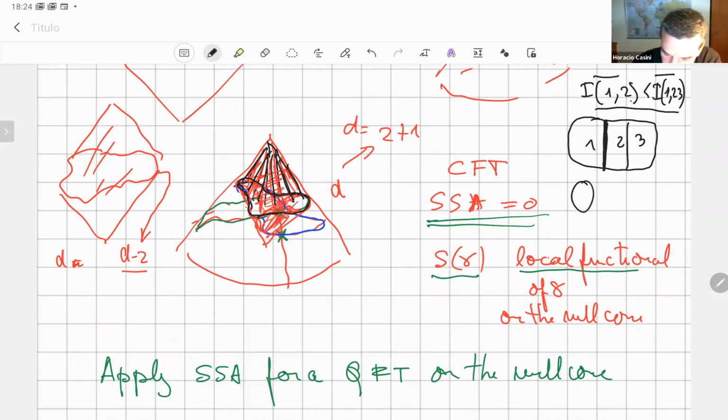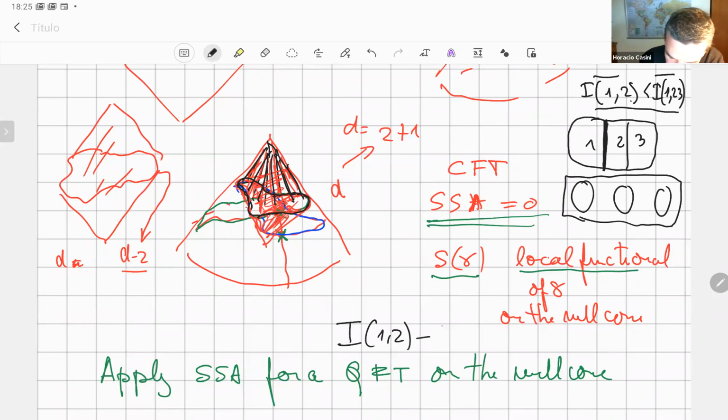If you do that for 3 balls, then monotonicity of mutual information is between finite things. But here, the mutual information of 1, 2 minus the mutual information of 1, 2, 3 can be finite, while these two things are divergent. So this is a problem: we would like to understand how to put these things in terms of relative entropy better, or something like that.